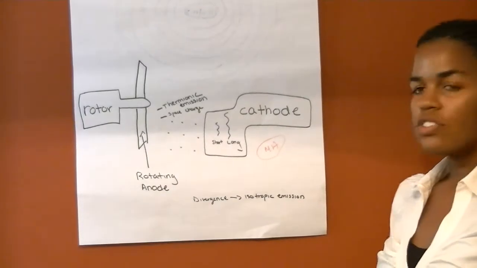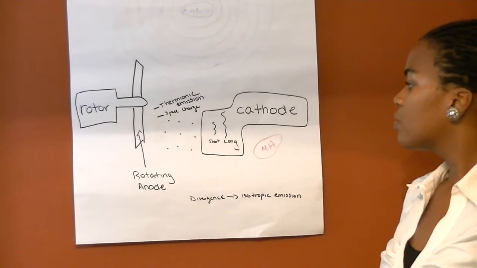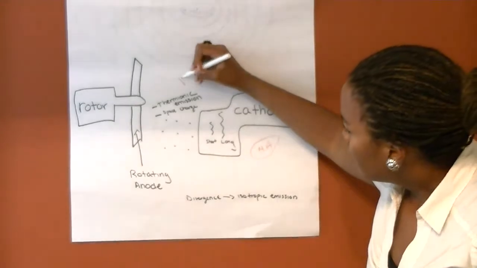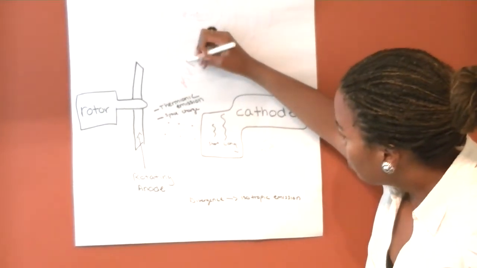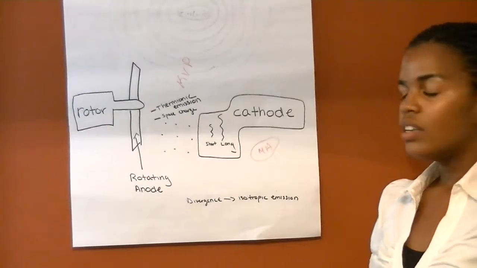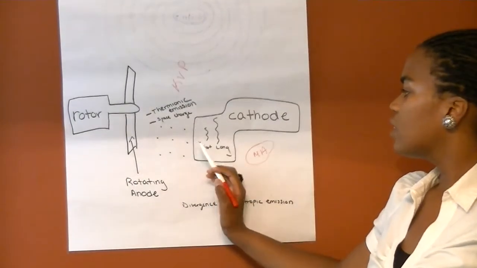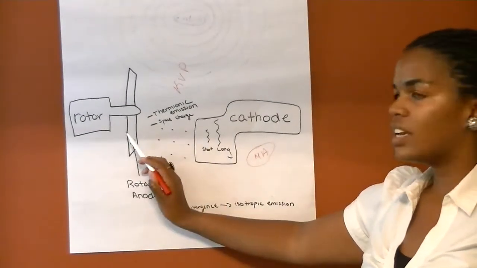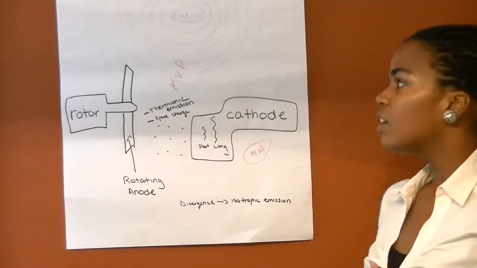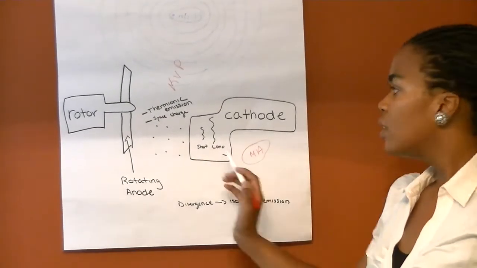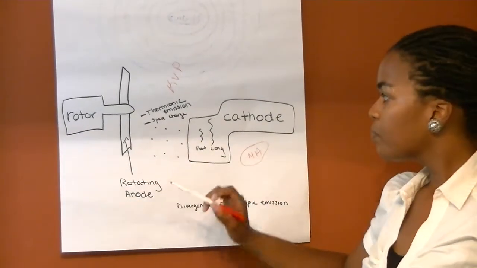And after the space charge has been established, we're going to apply another unit, which is called kVp. kVp is going to accelerate the electrons from the cathode over to the anode in order to produce X-rays. If we don't have the right amount of kVp, this process is not going to happen.